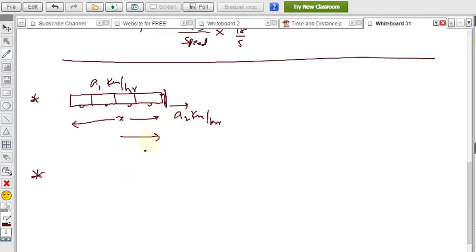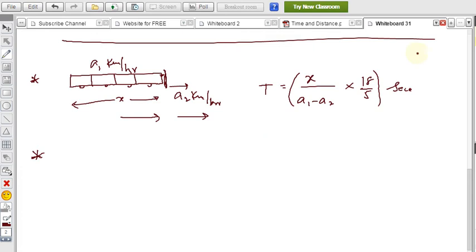Then the time taken is equal to x by a1 minus a2 into 18 by 5 seconds. So time in seconds will come if you multiply by 18 by 5, if they give the speed in kilometer per hour. If they travel in the same direction, it is a1 minus a2.